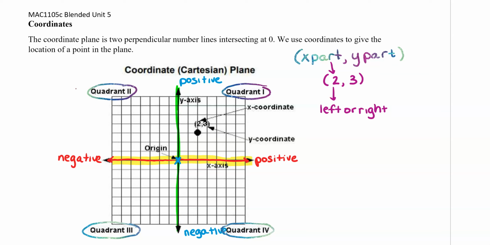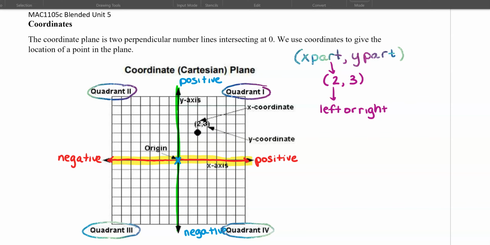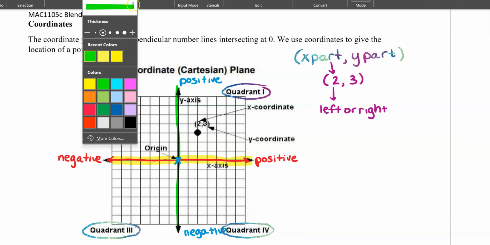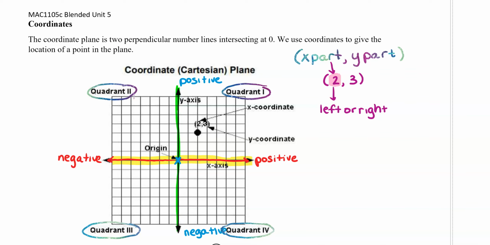You know whether it's left or right based on whether it's positive or negative. Since 2 is positive, we're going to go to the right. So we're going to start at the origin and move right 2.